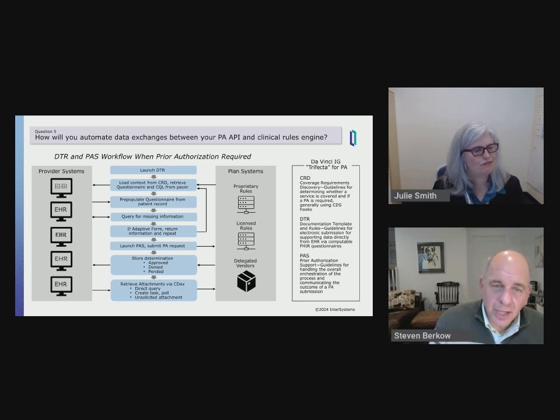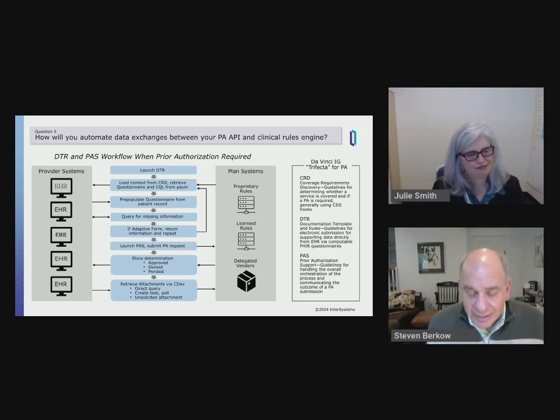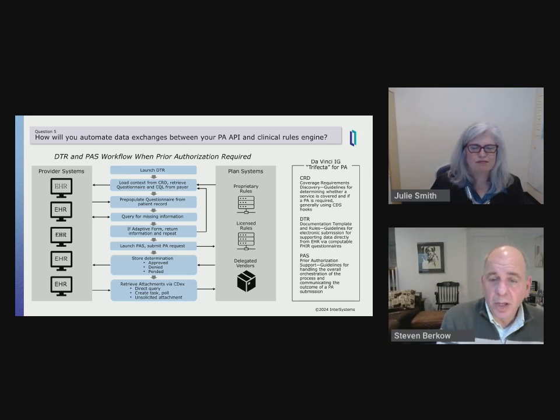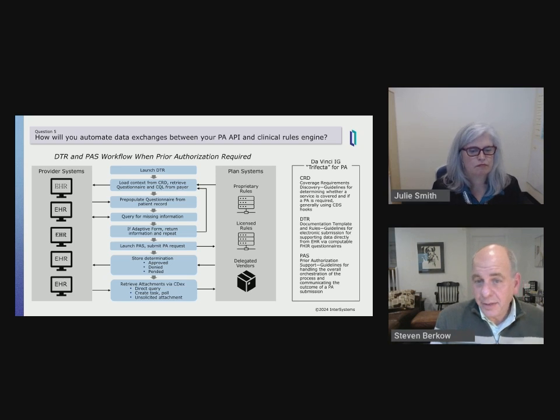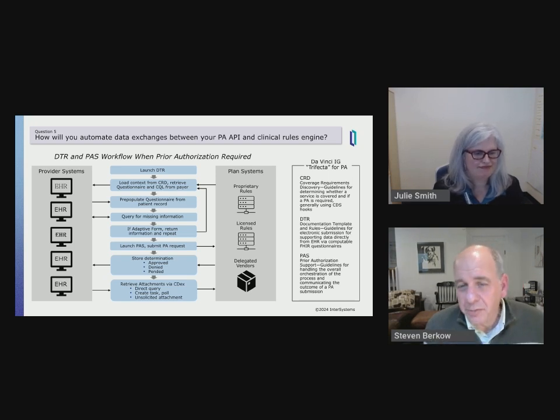Your plan most likely has a set of proprietary rules. It has a set of license rules, most likely either from Interqual or MCG. And then there's also various services that have been delegated to often smaller third-party vendors who have expertise in a specific area, like behavioral health.